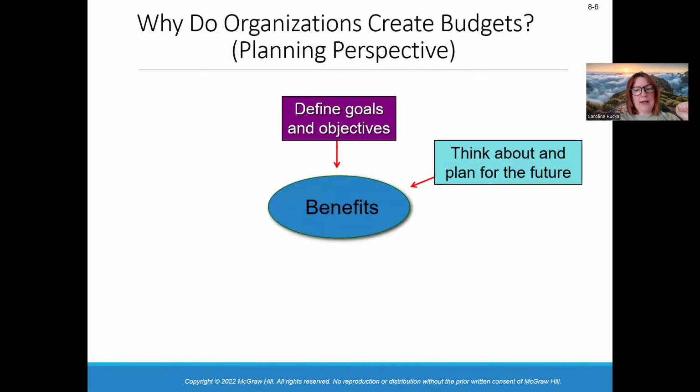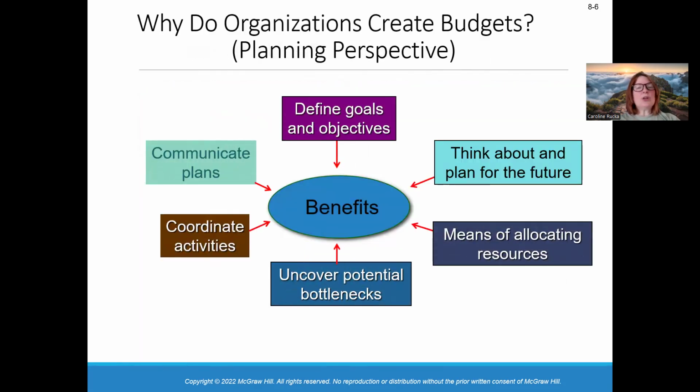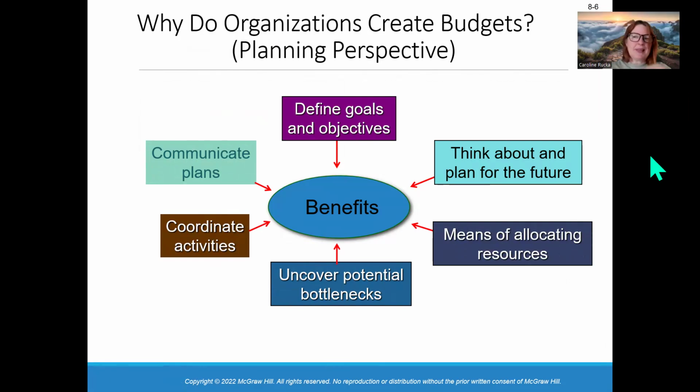So here are the benefits of creating a budget. I mean, they're pretty self-explanatory. We wouldn't want to just run a business flying by the seat of our pants, right? Let's just throw some money in the air and wherever it lands, that's what we're going to do with it. But specifically, we make our budget to define our goals, to think about and plan the future as a means of allocating our resources.